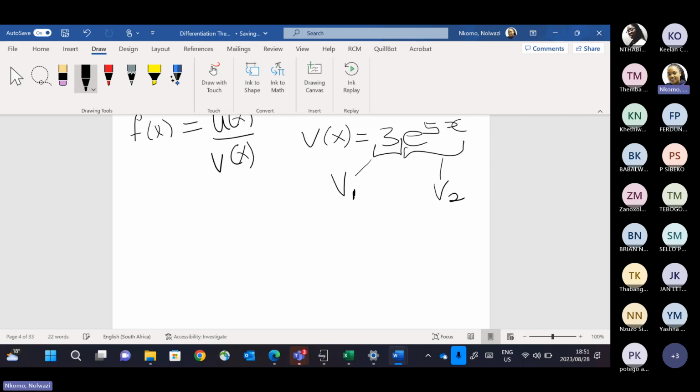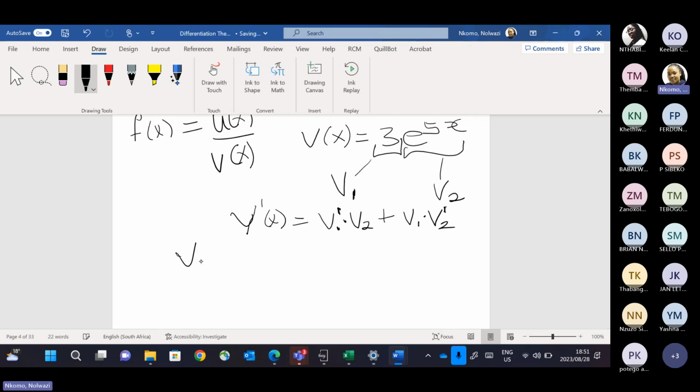If you name your functions like this, that means your v prime at x would be v prime 1 times v2 plus v1 times v prime 2, right?